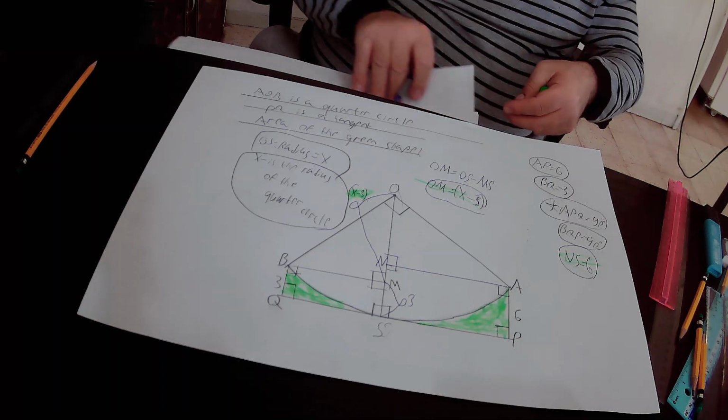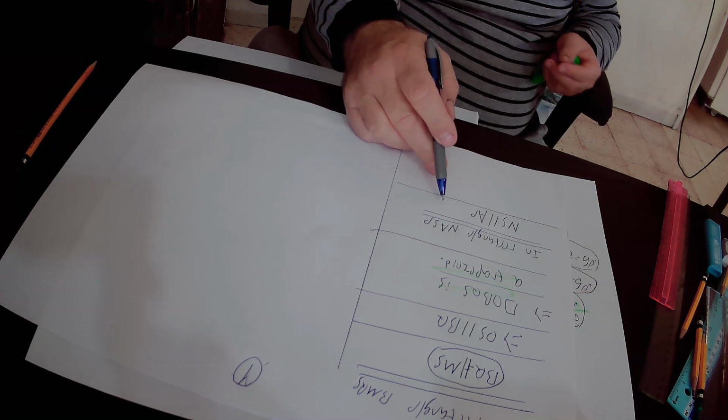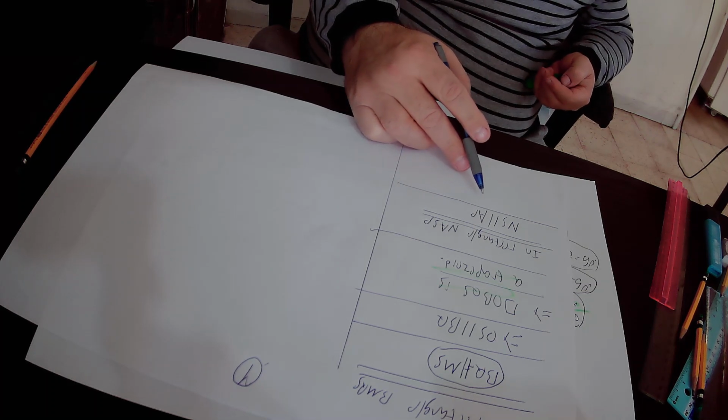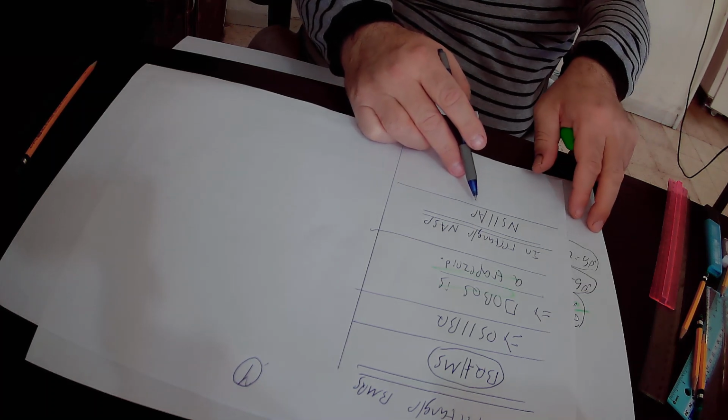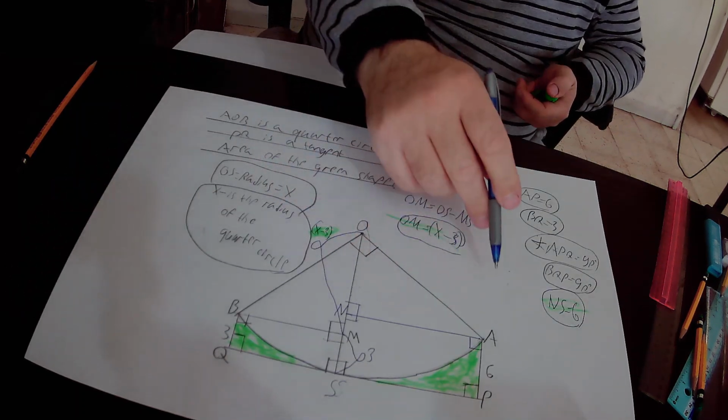Repeat again. In rectangle NASP, side NS is parallel to the opposite side, side AP. So NS is parallel to AP.